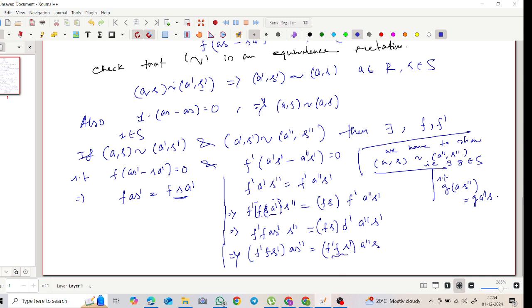So this is our g. This implies g times (a s'' minus a'' s) is 0.